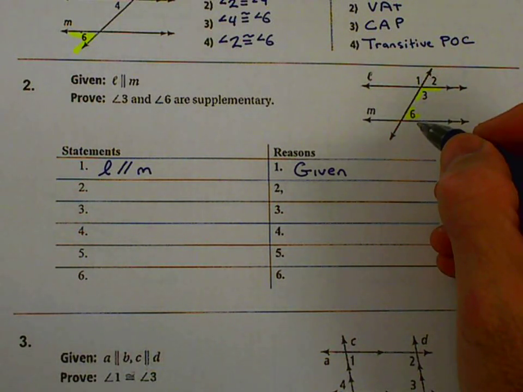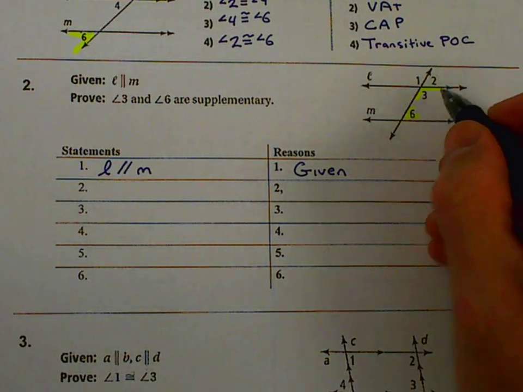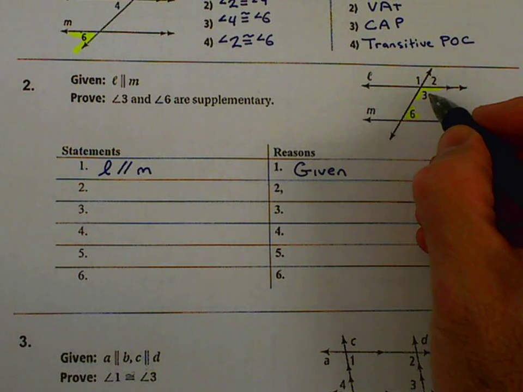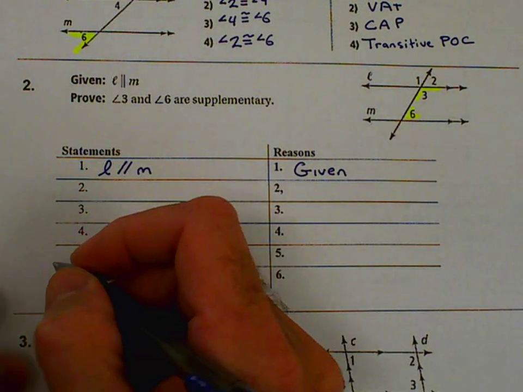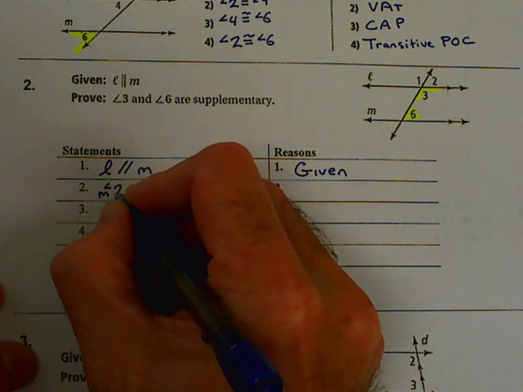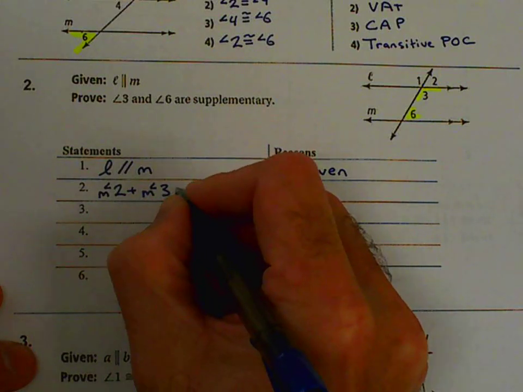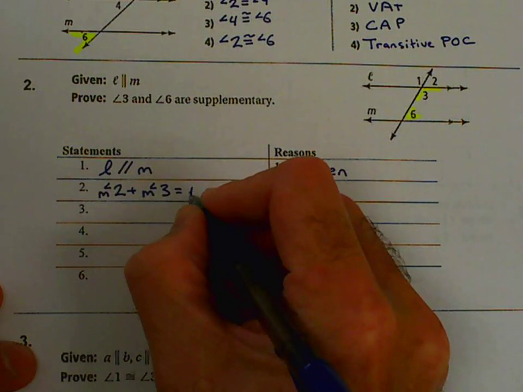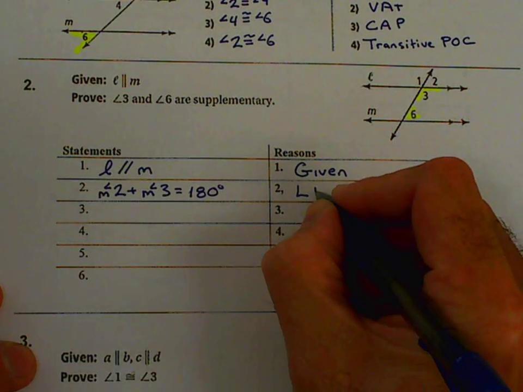Well, in that case, let's get that whole 180 idea out there. We want 3 involved with one that we also know through a postulate, which would be angle 2 and 3. The measures of 2 and 3, add those together, and since it's a linear pair, they should add up to 180. That's the linear pair postulate.